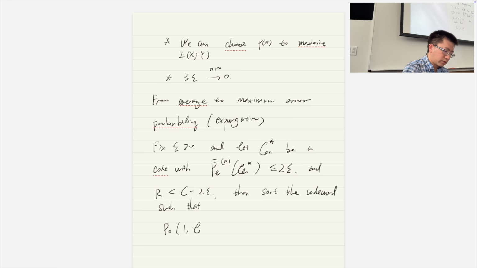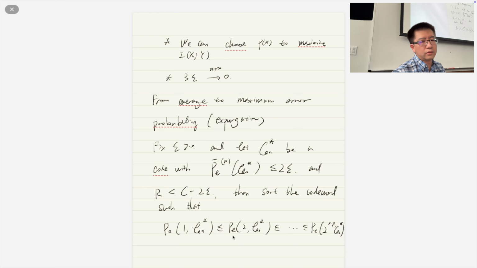So basically, assume the first message has the best error, then the second has the next best, and the last one has the worst error probability. So you can do whatever ranking you want, but you just need to fix the ranking here. For simplicity, we just say the first one has the lowest error and the last one has the highest error, and so on.